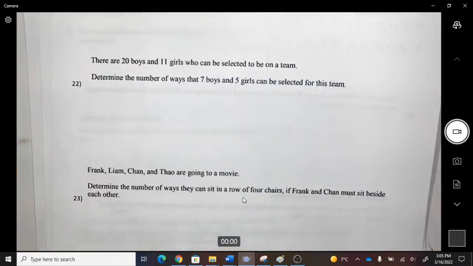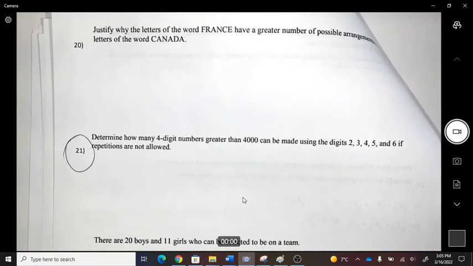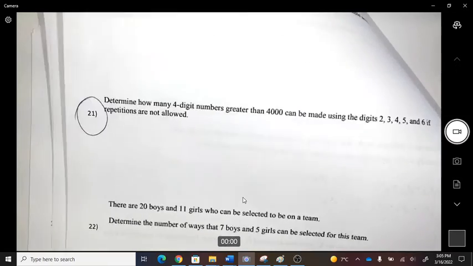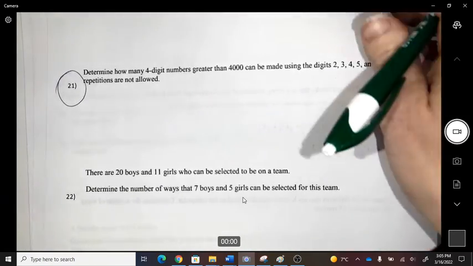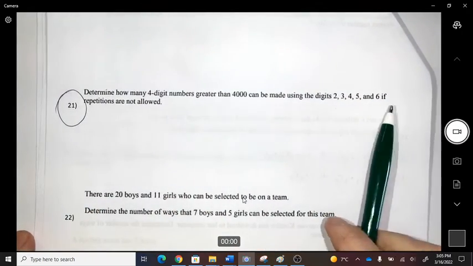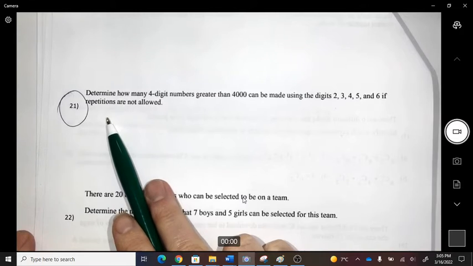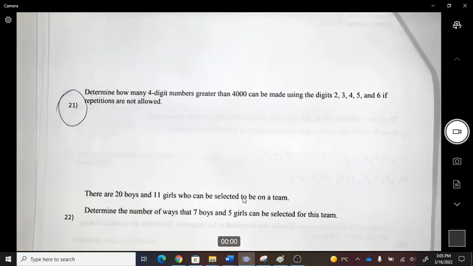Okay, I had one more here I think I circled. Determine how many 4-digit numbers greater than 4,000 can be made using these digits if you cannot repeat.